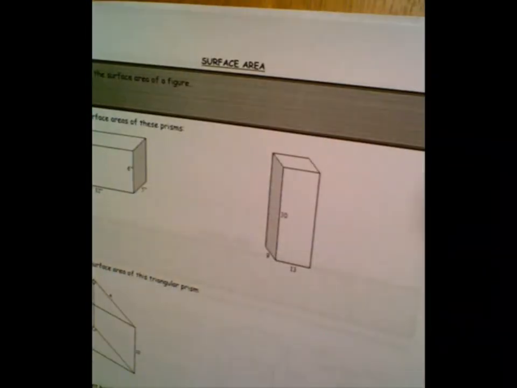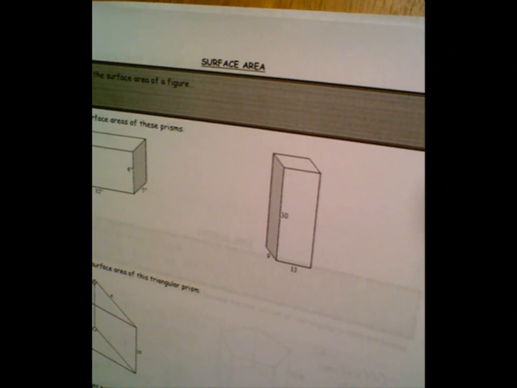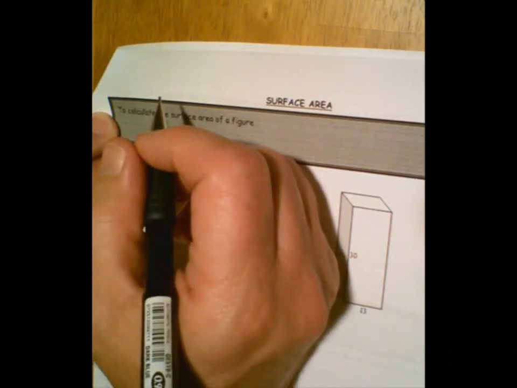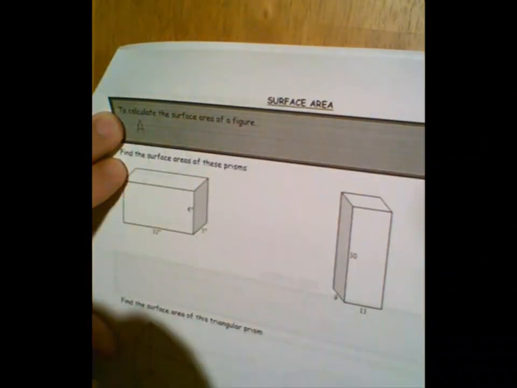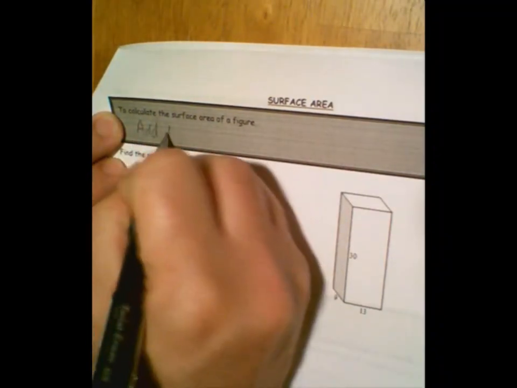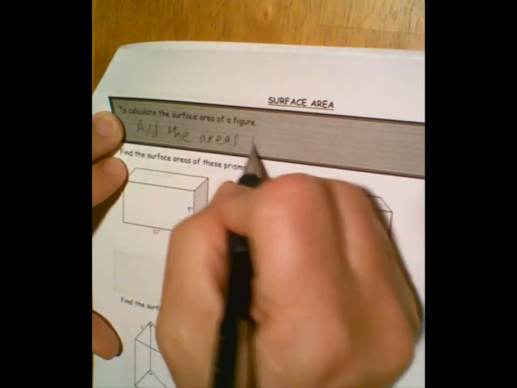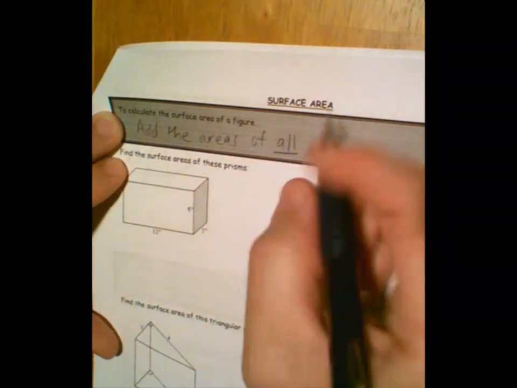The surface area is equal to the lateral area plus the area of the base. To calculate the surface area, you add the areas of all the surfaces.